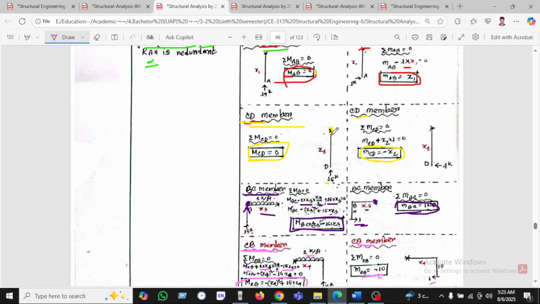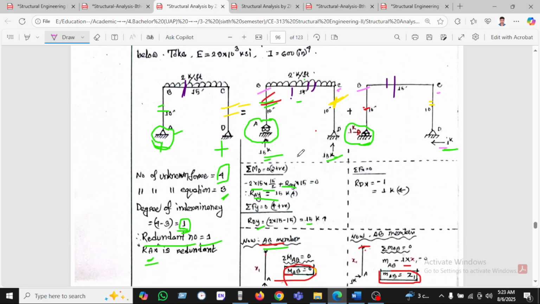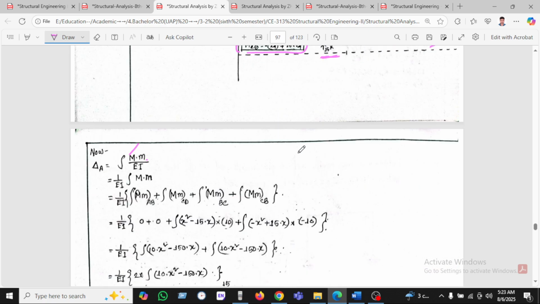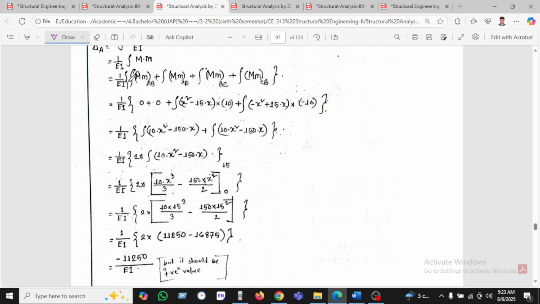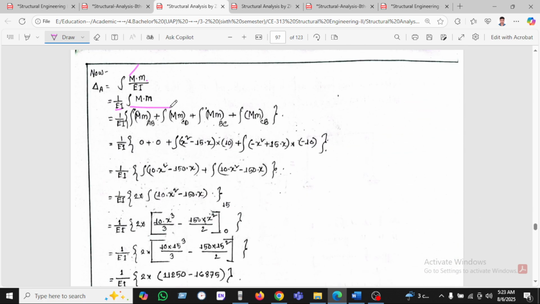This is the big M diagram, and this is the small m diagram. EI is the same, so with big M and small m, we are taking the AB member, CD member and BC member.